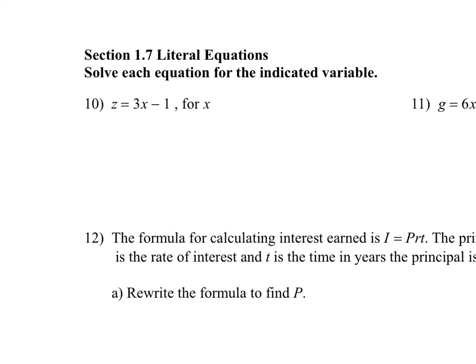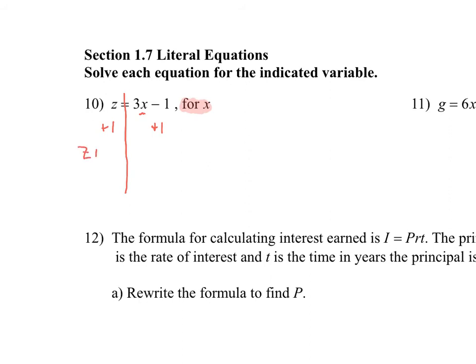Question 10 gets us into those literal equations. So we want to solve each equation for the given variable. In question 10, we can see the given variable we want to solve for is x. So pretty straightforward. We just want to get this x by itself. So same steps we always use. We're going to add the 1 to both sides.